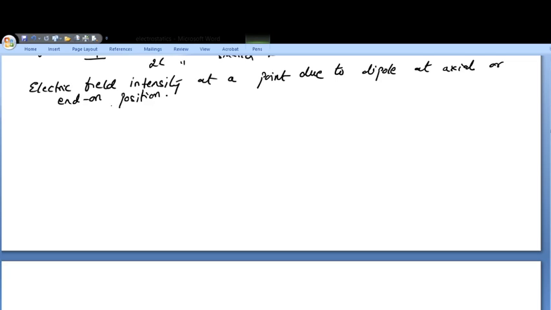First let us try to understand what is meant by axial or end on position. What we need to do is find out the electric field intensity at a point due to the dipole.